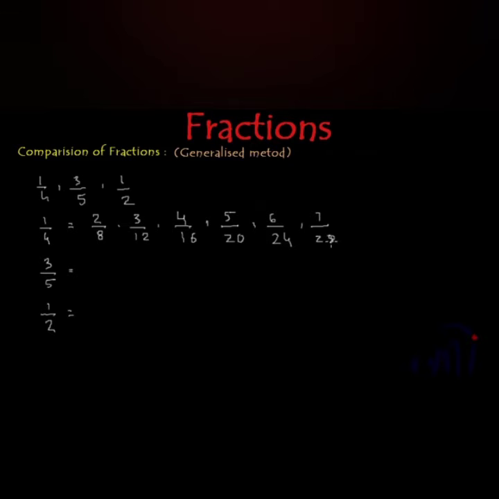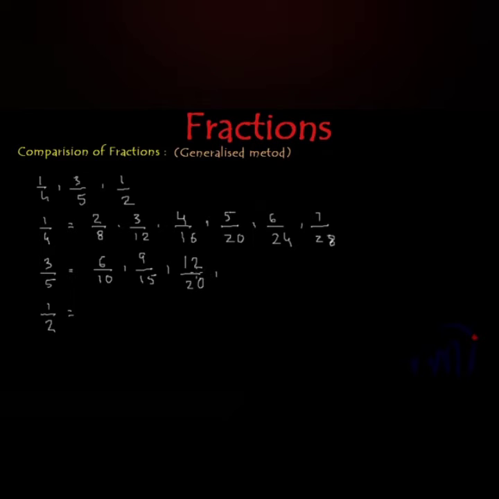And now let's repeat the same procedure with the second fraction also. So here if I multiply both numerator and denominator by 2, we will get 3 2s are 6, 5 2s are 10. And if I multiply by 3, we will get 3 3s are 9, 5 3s are 15. And if I multiply it by 4, we are going to get 4 3s are 12, 4 5s are 20, right?